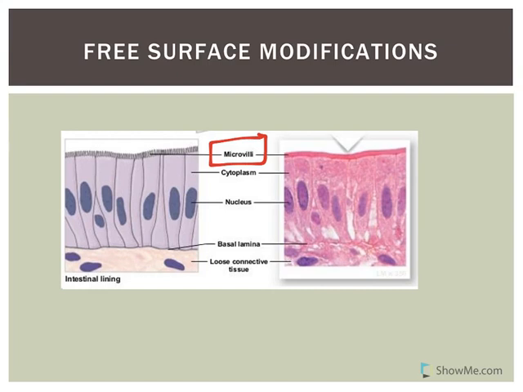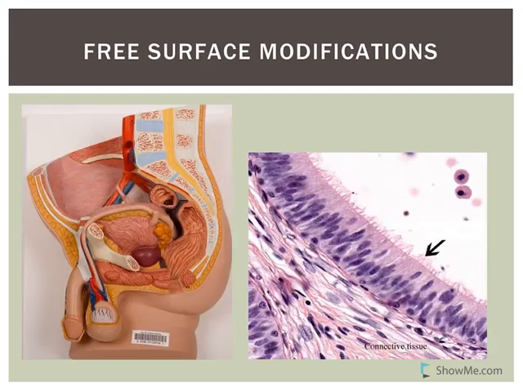Another free surface modification that does increase surface area for absorption is something called stereocilia. And it seems kind of odd why they call it stereocilia. I'm going to mention very shortly why. Stereocilia are found in the epididymis, and the epididymis is right here, kind of this coiled structure on top of each testis in the male.